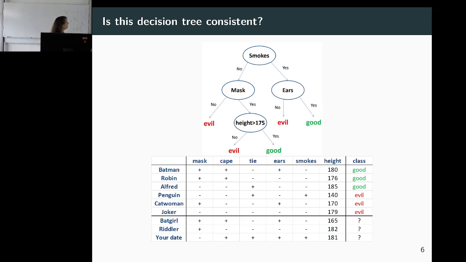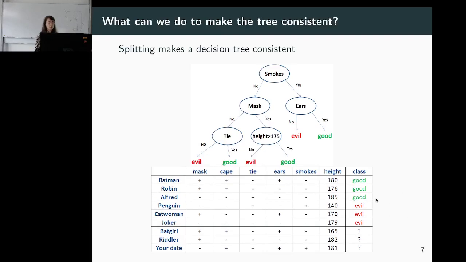What can we do if we have a tree which is not consistent? Remember, if our tree is not consistent and we want it to be consistent, we need to continue splitting. So we can, for example, split like this. If a person doesn't smoke and doesn't wear a mask, we ask about a tie.